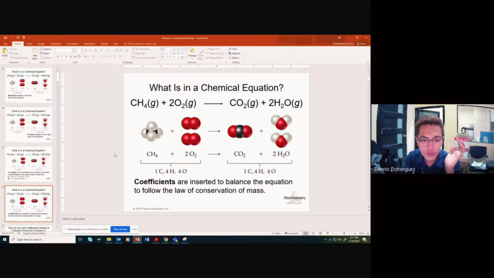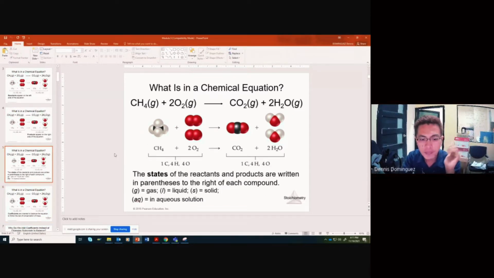We have also in the equation gitawag na states. So the states of the reactants and products are written sa parentheses to the right of each compound, kanang may G dira. So makita nato sa equation. So sa ilang pasabutan na, it's the state kung sa iyahang structure ay iyahang itsura or composition sa imuhang compound.